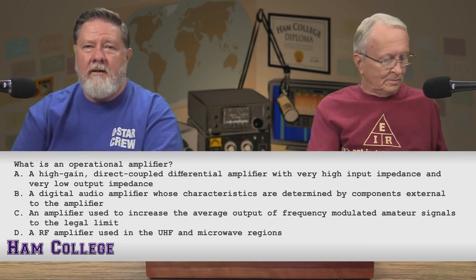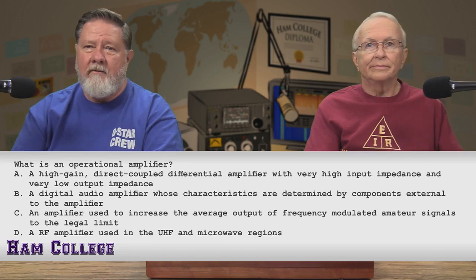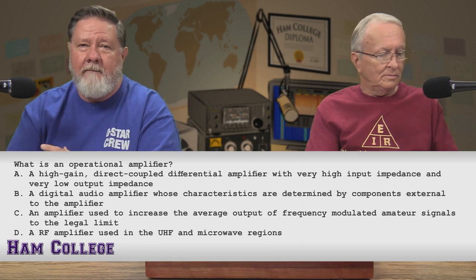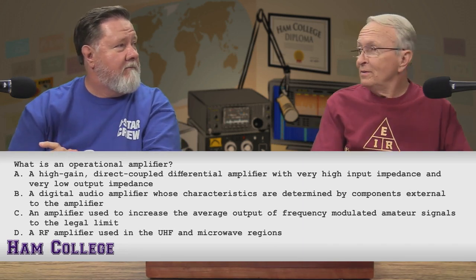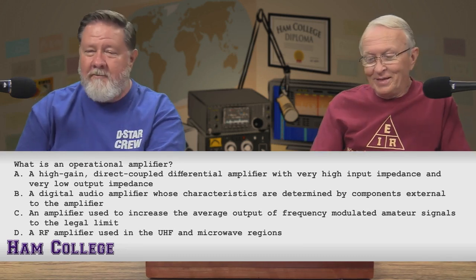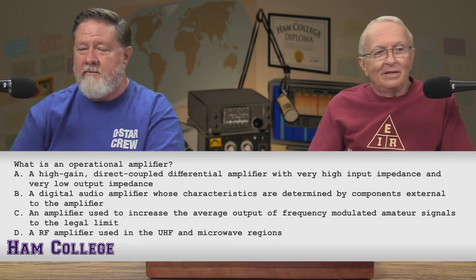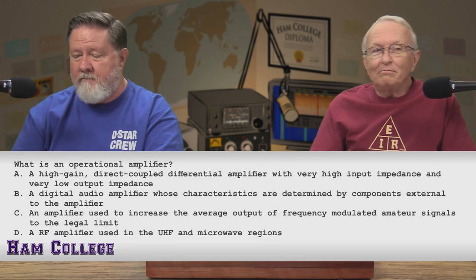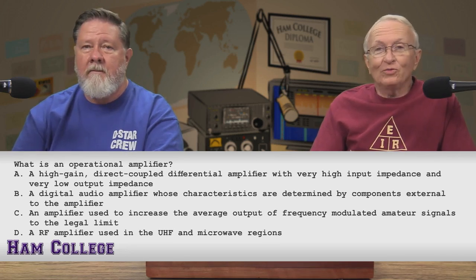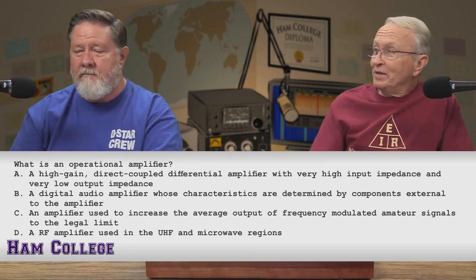A, a high-gain, direct-coupled, differential amplifier with very high input impedance. That sounds like the answer. It's A because it's not B, C, or D. Okay, I'll agree with you. The people in the chat room, most of them are saying A. Actually, all except the ones who are just joking around are saying A.